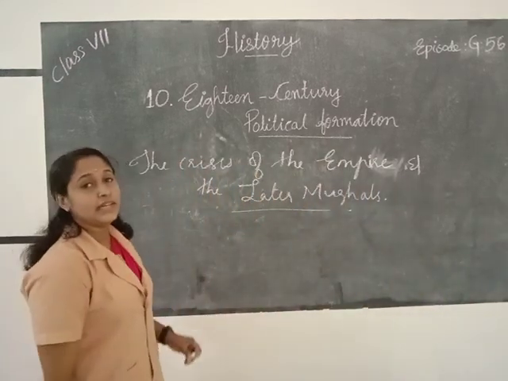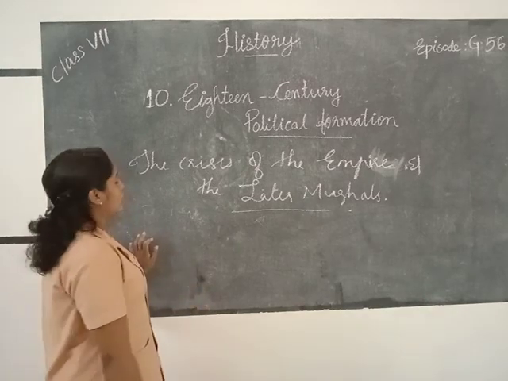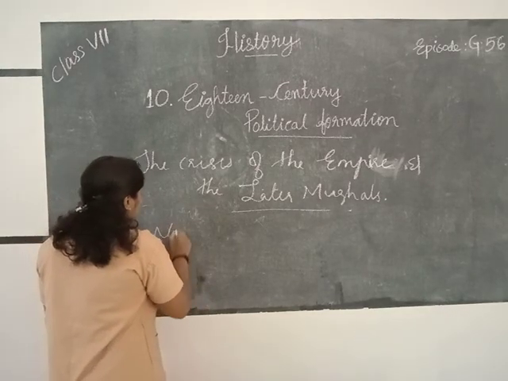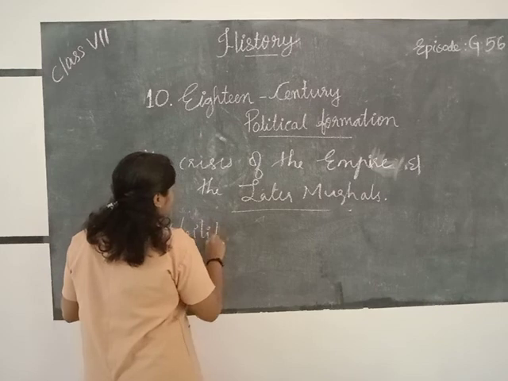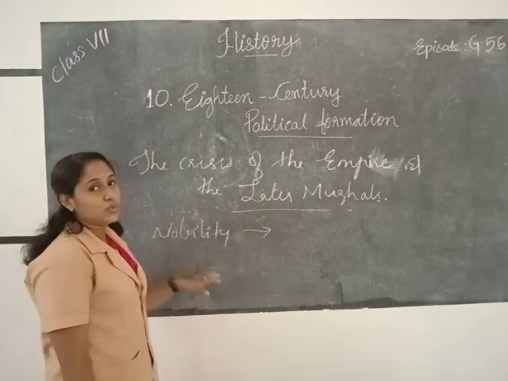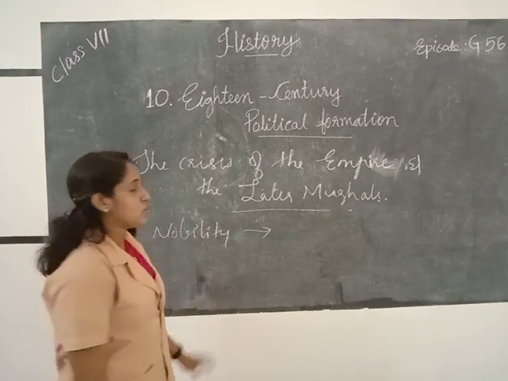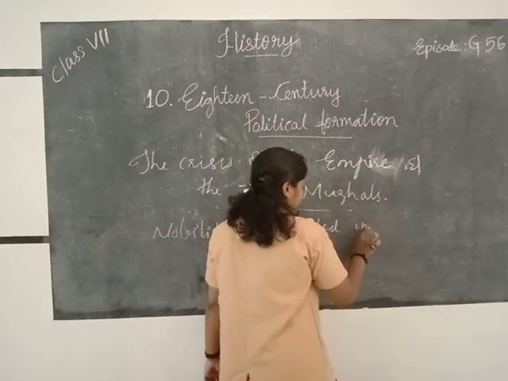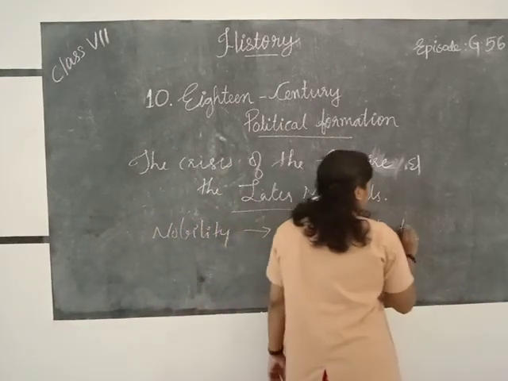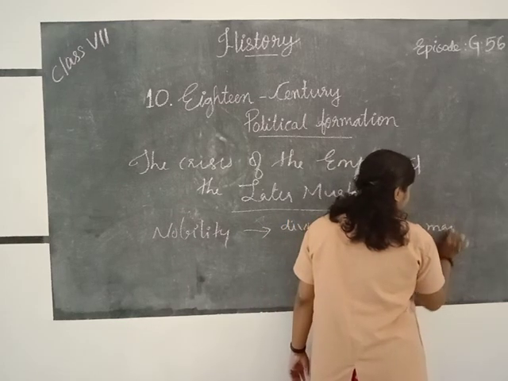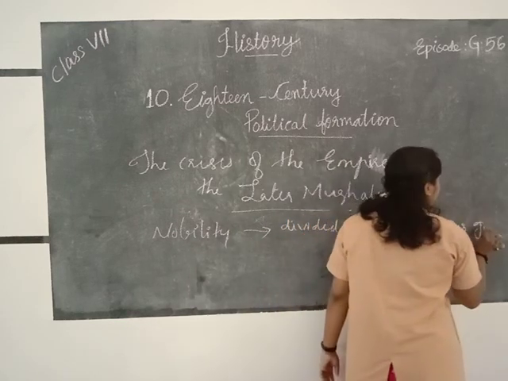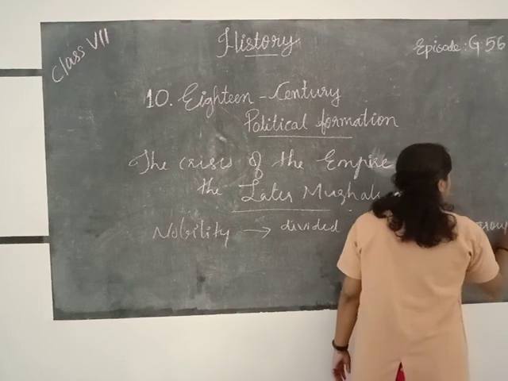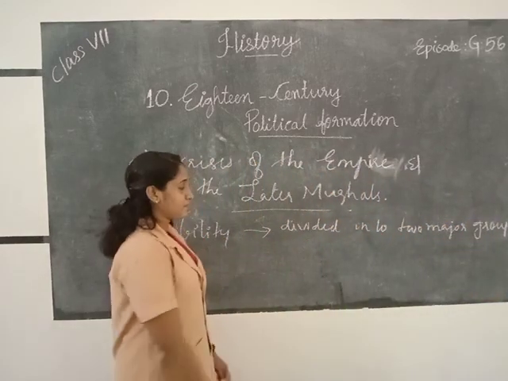What was that? The nobility. The nobility divided into two major groups. Which was that?